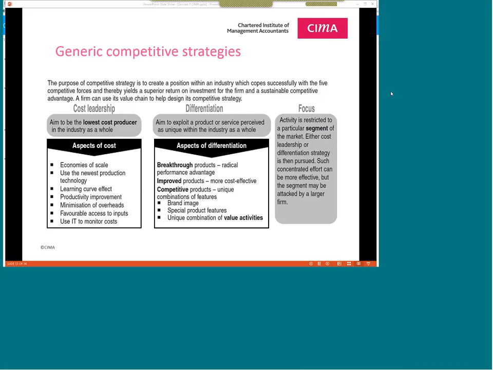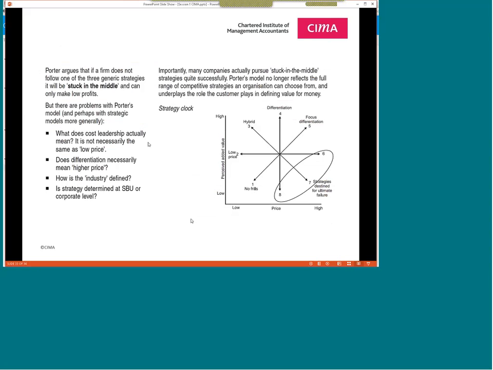And that's why it was also in the theory, if I just bring one more slide here, that you can be stuck somewhere in the middle if you don't choose one of these strategies. So for example, here we have strategies that are destined to ultimate failure.